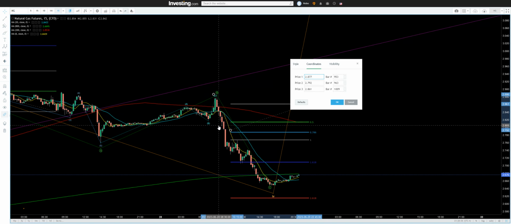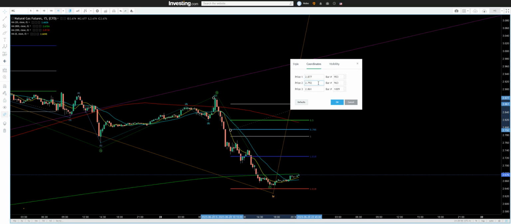The low here is 2.831, and I'm going to call the high of this 2. Let's just see where it ends. I'm not going to initially call it that.